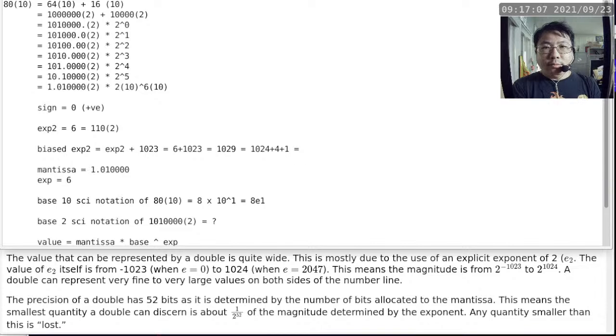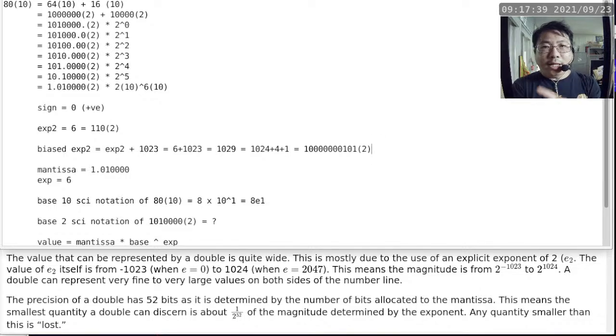The representation of the biased exponent is going to be a little bit strange, because 1024 is 2 to the power of 10, which means we're going to end up with 10 zeros after this one. So we got 1, 2, 3, 4, 5, 6, 7, 8, 9, 10. And then the 1 is this one over here, and the 4 is right over here. So this becomes the actual bit pattern to be represented in a double, because it is biased.